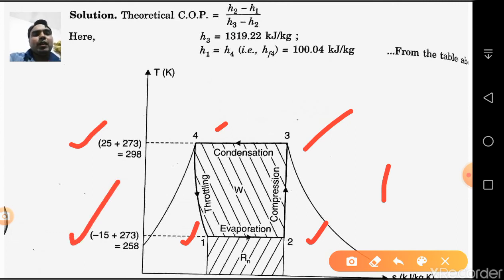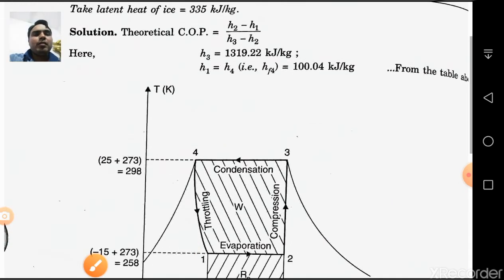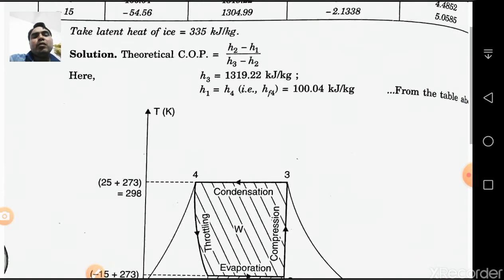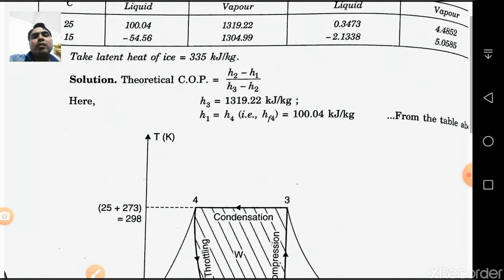So H3, it is dry saturated. Point 3, it is already said in the question that it is dry saturated, so we have to check the enthalpy directly at the particular temperature of 25 degrees Celsius.